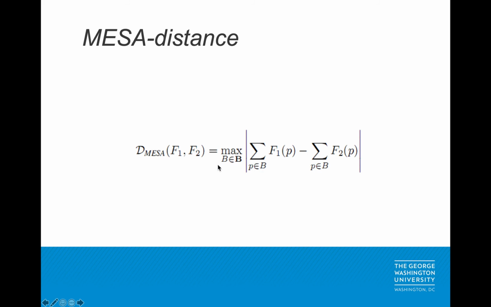The MESA distance is particularly suited for the learning to count problem, as it implicitly corresponds to learning from a combinatorial number of sub-images. Furthermore, the MESA distance can be computed very efficiently using any of the 2D maximum subarray algorithms.